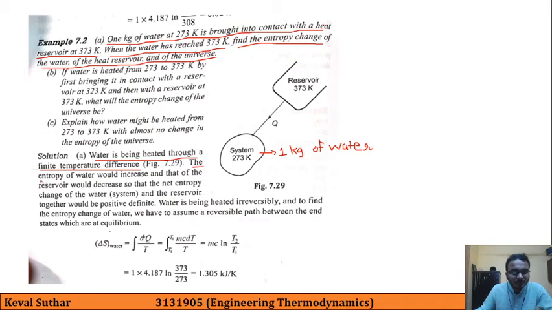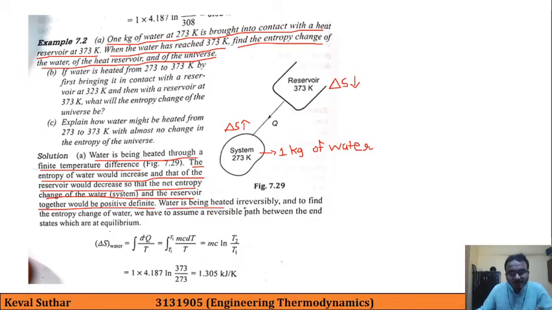The entropy of water would increase and that of the reservoir would decrease. So here the entropy of the system will increase and the entropy of the reservoir will decrease, and the net entropy change of water and reservoir together would be positive because of the increase of entropy principle.